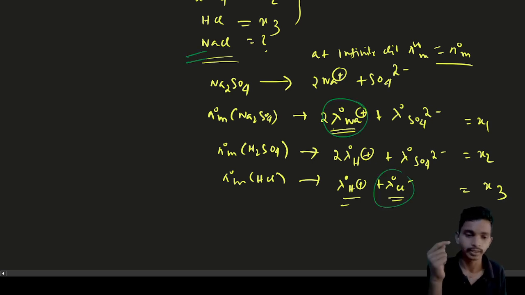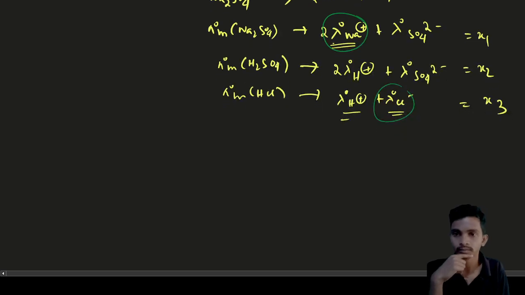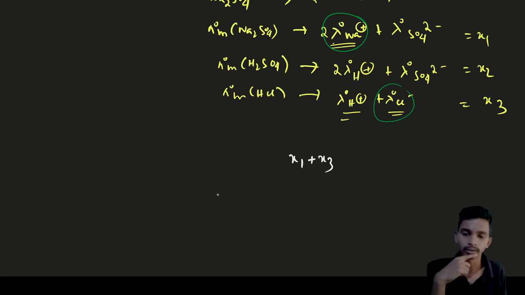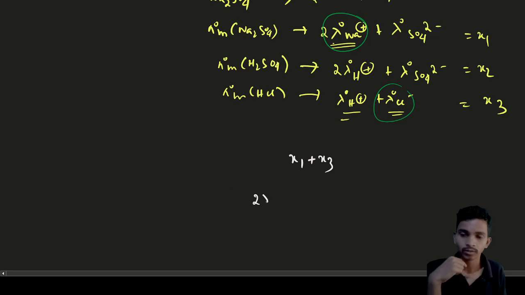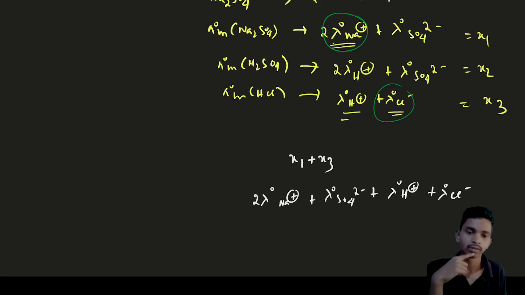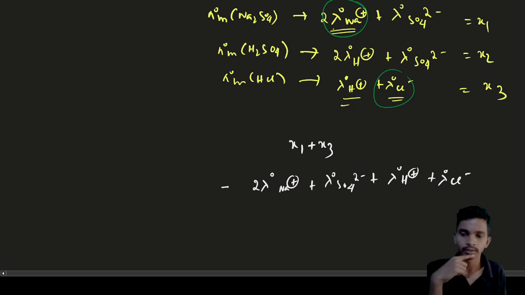Okay, so how do I get it? I will add x1 plus x3. Okay, then what value are we getting? 2Na plus and 2Cl minus. Okay, if you add it, then what you get? This one and this one I want.